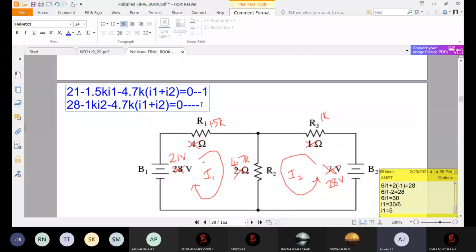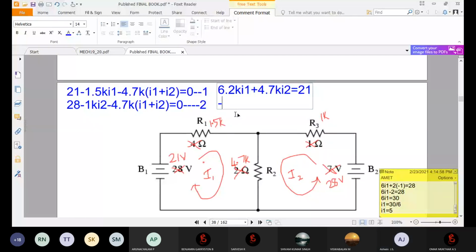From the first equation, if I rewrite this, I1 how much? 4.7 plus 1.5, so this will be 6.2k I1, and then plus I2 is 4.7k I2, I'm writing directly, equal to 21. This is the simplified form of your first equation. What about the second equation?